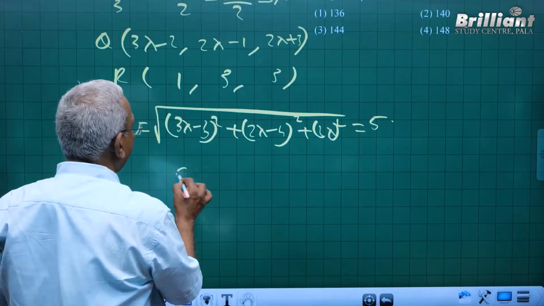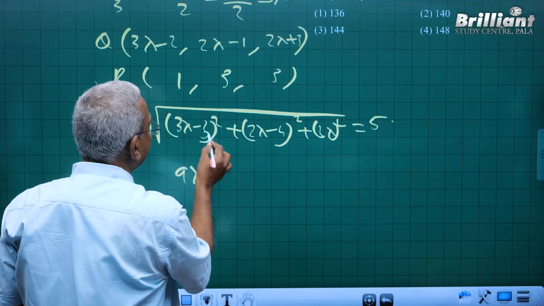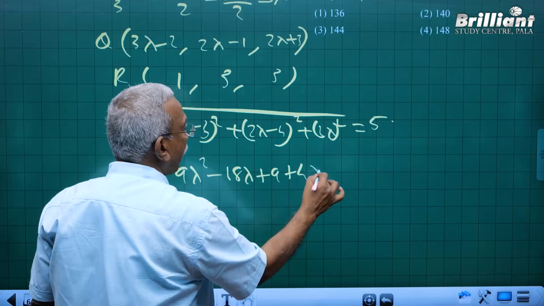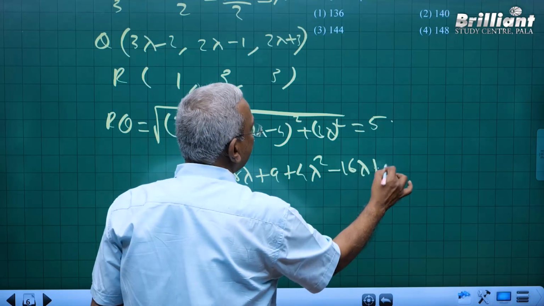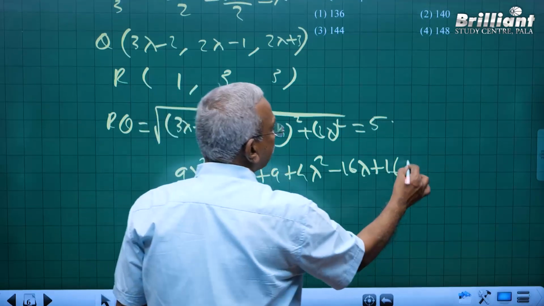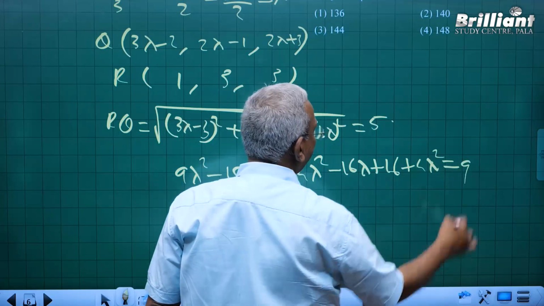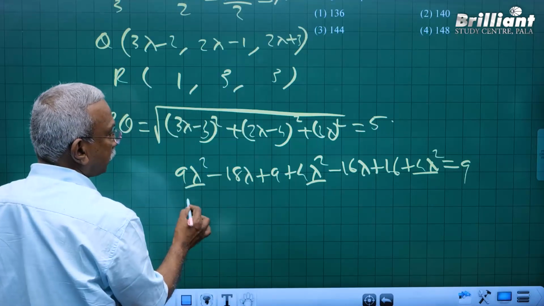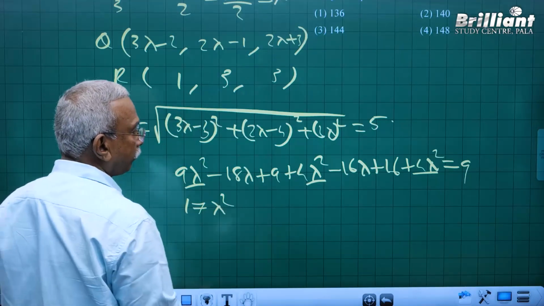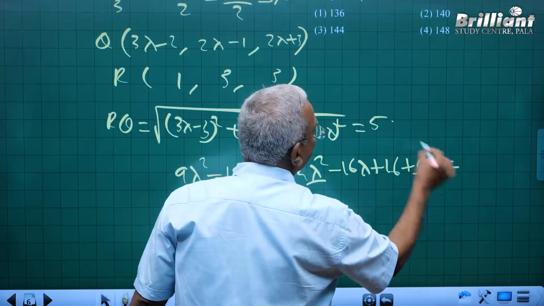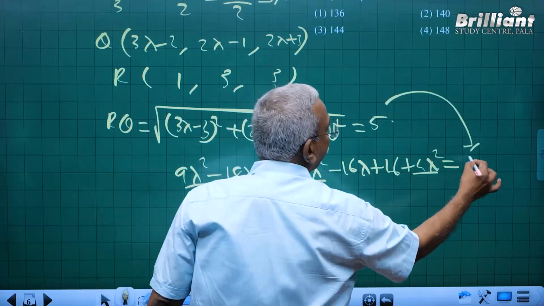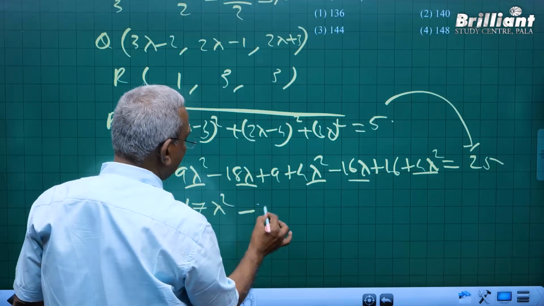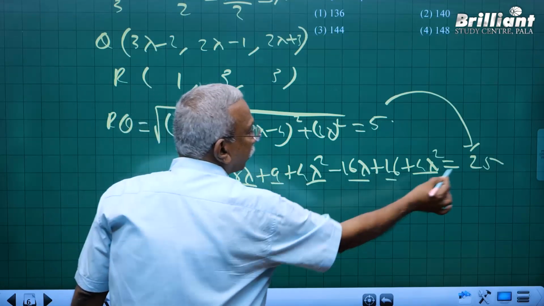That is equal to 9 lambda square minus 18 lambda plus 9, plus 4 lambda square minus 16 lambda plus 16, plus 4 lambda square, is equal to 25 when you square the 5. So you get 17 lambda square, and together it becomes 34 lambda, and this cancels, you get 0.